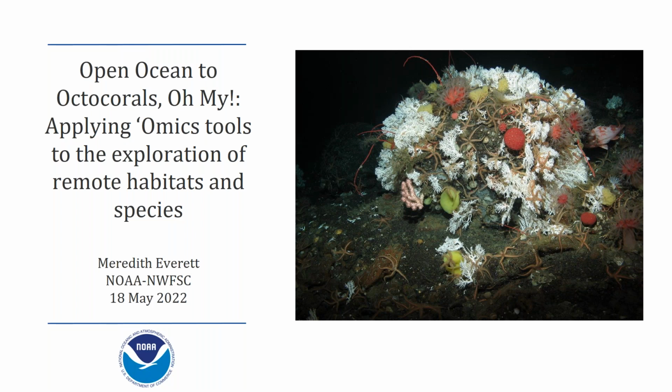Her current research focuses on using genetic and genomic tools and techniques to study deep sea coral and sponge communities to better understand their composition and distribution, as well as their importance as habitat to fish and other invertebrates. As part of this work, Meredith has been developing environmental DNA, or eDNA, approaches to understand the biodiversity in deep sea communities, and applying these methods to communities across the Pacific Ocean. When not in the lab or out at sea, Meredith can be found cycling and rock climbing around Washington State, or just hanging out in the garden with her family at home near Puget Sound.